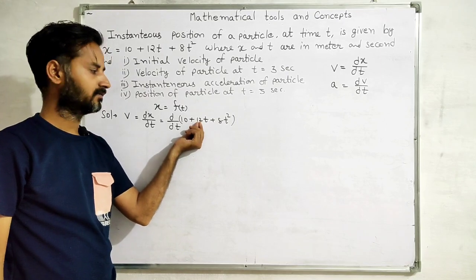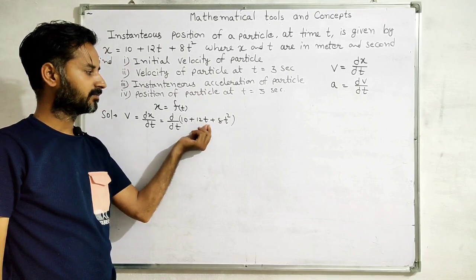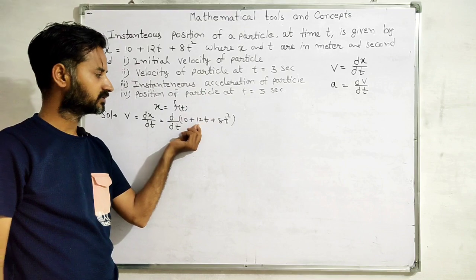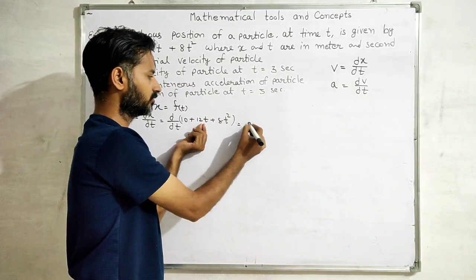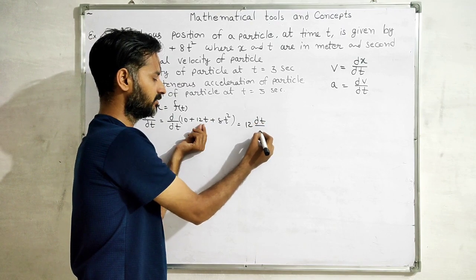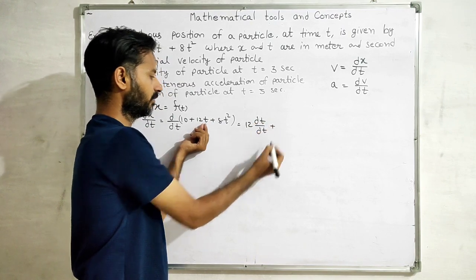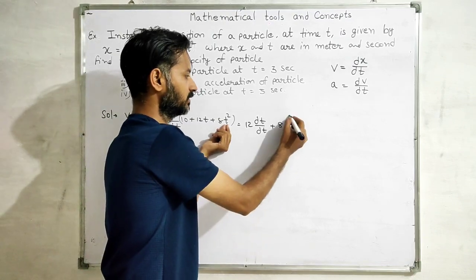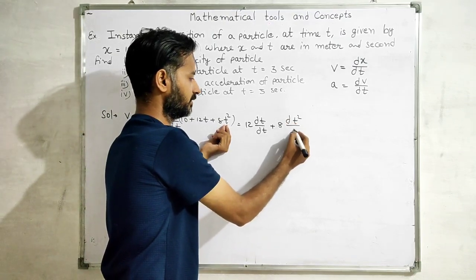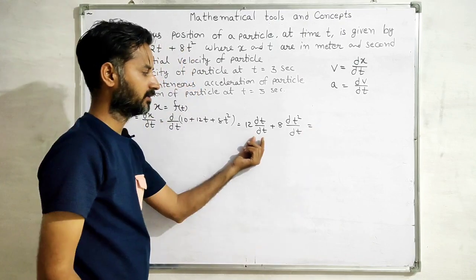The 12 is a constant multiplied with t, so it comes out and we get 12 dt/dt, plus the 8 is constant, it comes out, and we get 8 dt²/dt.